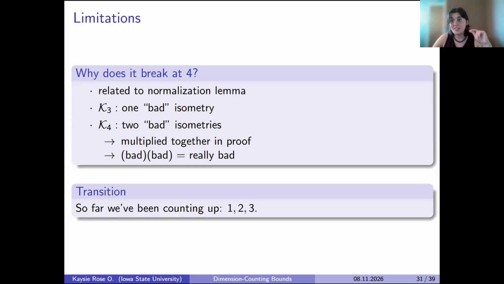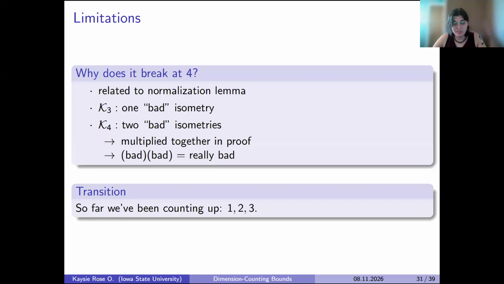And not only do we get two bad isometries, if you try to find the dimension of K4, you're going to multiply them together. And I hope you don't mind my algebra here, but in my opinion, bad times bad is really bad. I know that sometimes bad times bad is good. Here, I assure you, bad times bad is really bad. So looking at K4 isn't going to work.